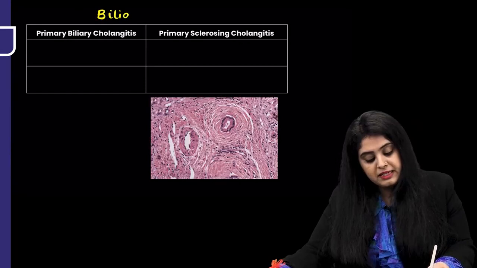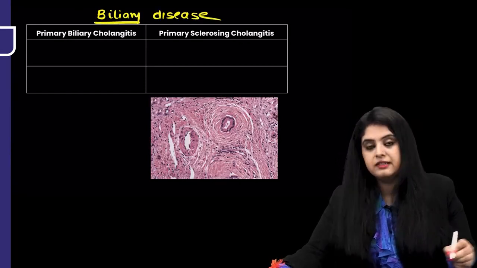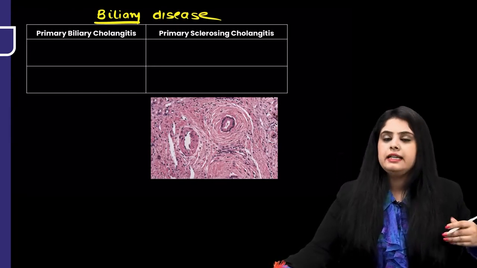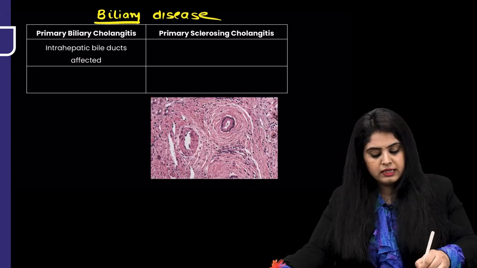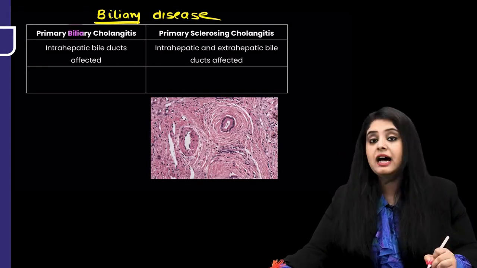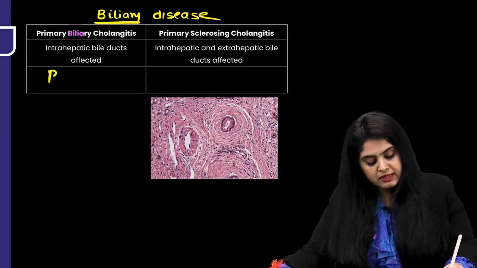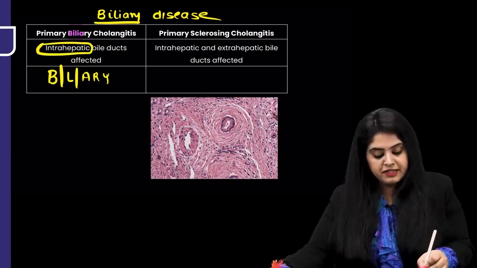Like I said, biliary diseases are problems in the bile duct. Which bile duct? Intrahepatic bile duct or extrahepatic bile duct. Please note that in primary biliary, I can only see I. See the way you write biliary, I can only see I. So which hepatic bile duct will be affected? Only the I one. The intrahepatic bile duct is affected.